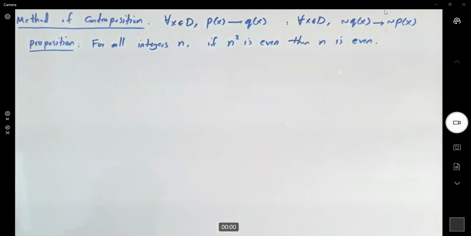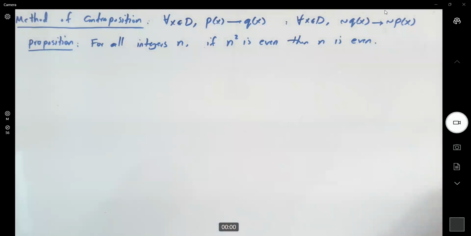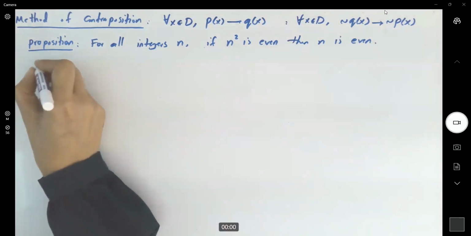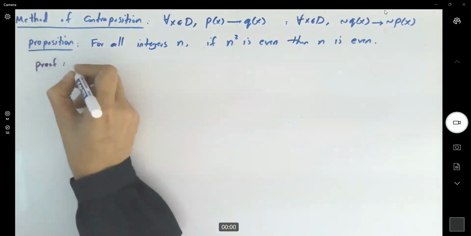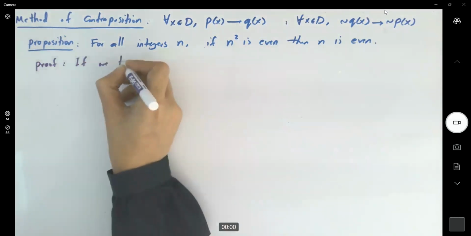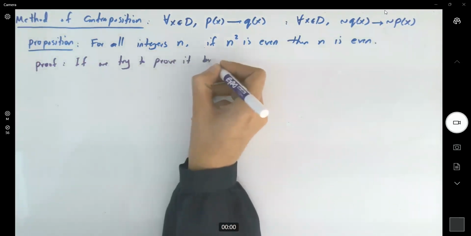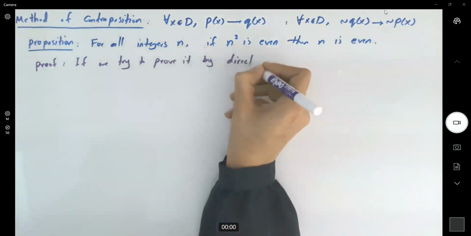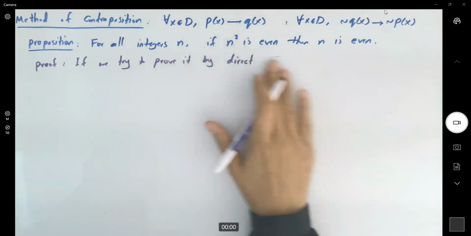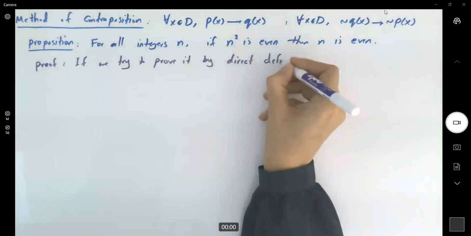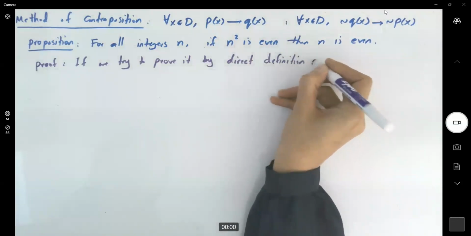You might say, hey, I want to prove this using direct definition. Proof. If we try to prove it by direct definition, this happens.